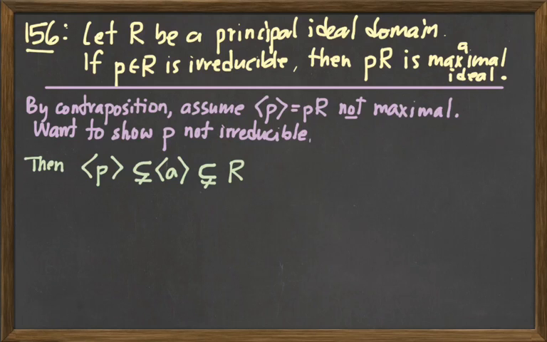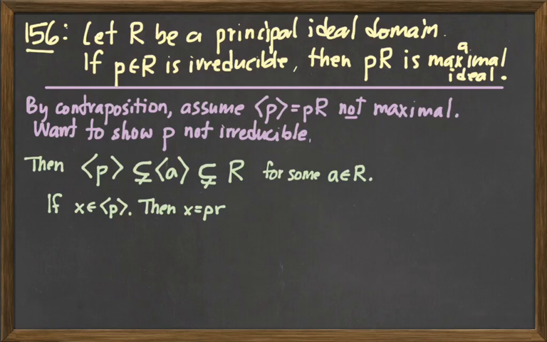And so now because P is a subset of A, then whatever element is in P must be in A. Okay. So you're saying, let's suppose X belongs to the ideal generated by P. Then X is equal to P times R for some element R. But then that same element has to equal A times N because it's an element of the ideal generated by A. Okay.